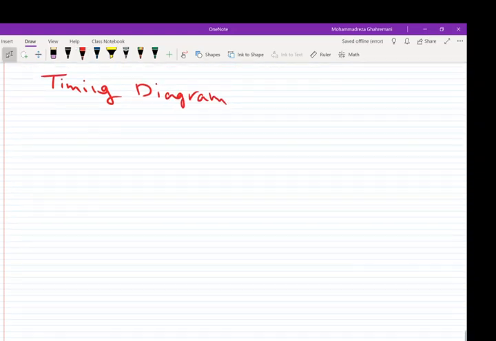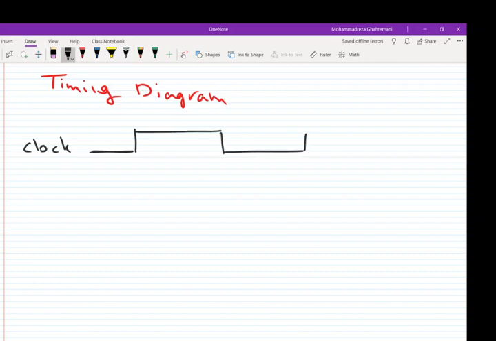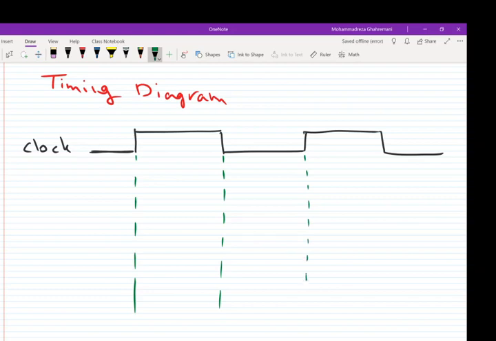Okay, in the timing diagram, we show the clock, some dashed lines to have exact location or exact time of transition.